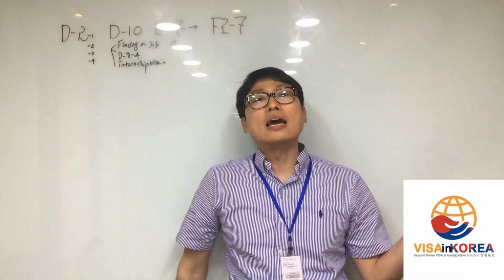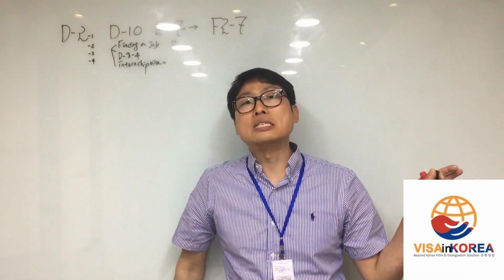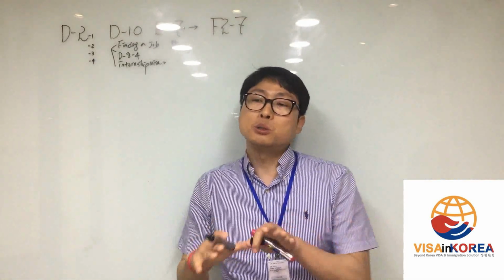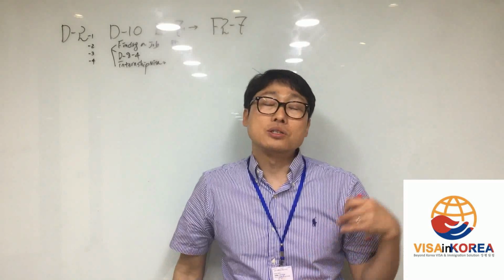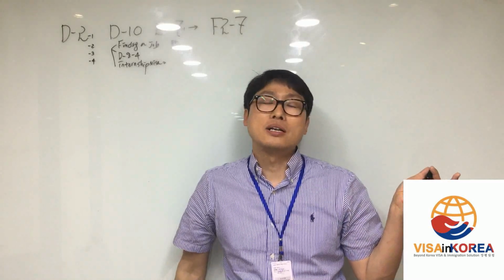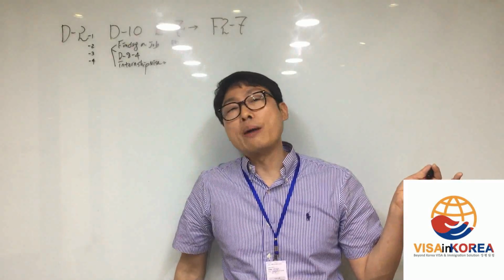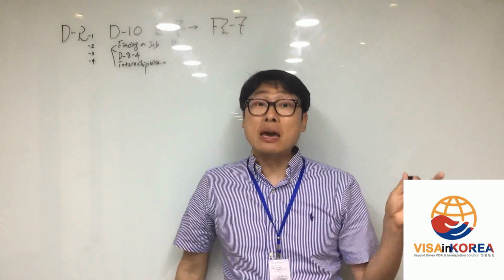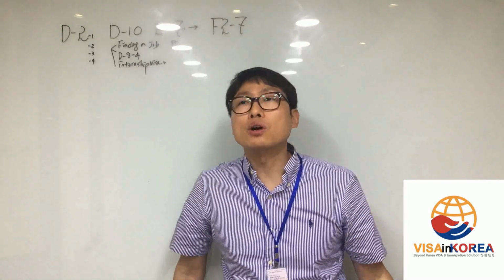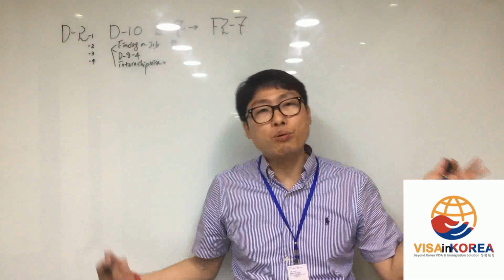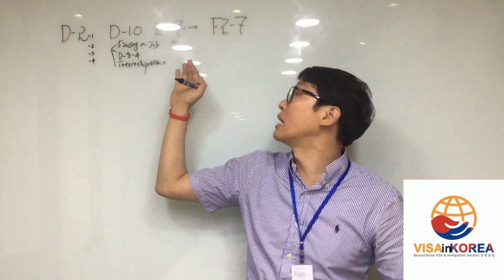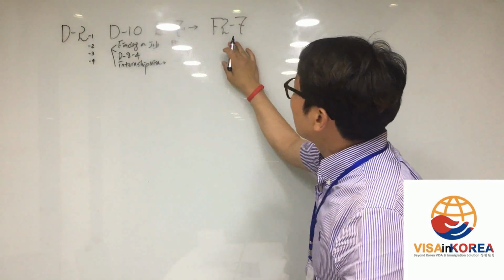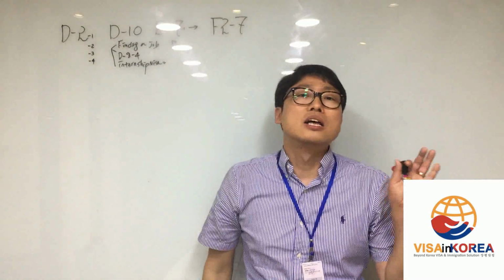We can call it 특정 활동 비자, which means a special area for professionals, such as engineers, web designers, managers at a certain company, vice presidents, or translators and interpreters, that kind of stuff.